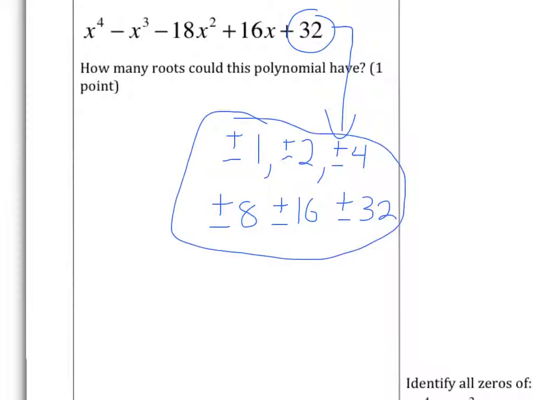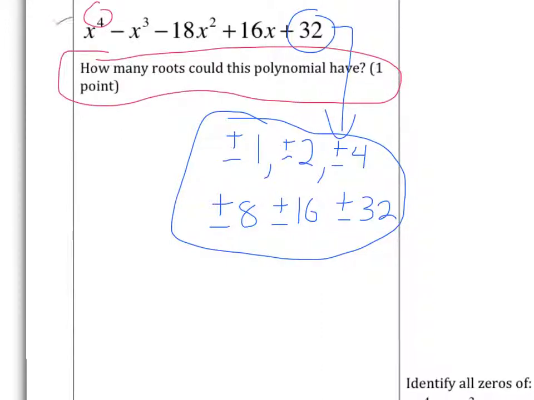Those are the only possible rational roots of this polynomial. In terms of how many roots, I look at the degree of my polynomial. There are 4 possible roots.